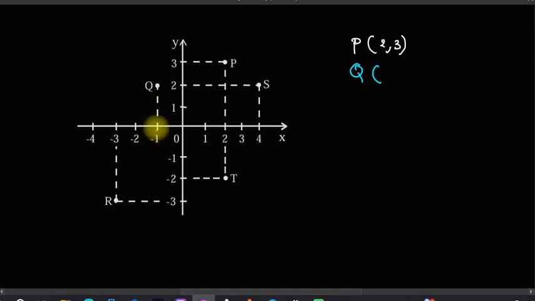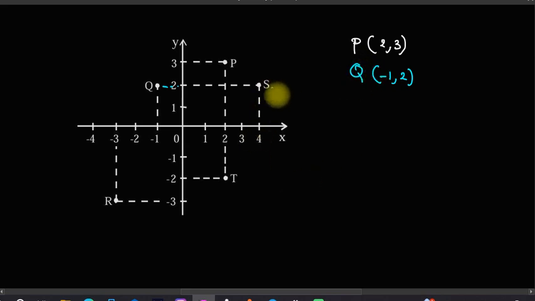First start with the x-axis. Tracing down to the x-axis, we have -1, and then comma. On the y-axis, we have 2. So these are the coordinates of point P and point Q.